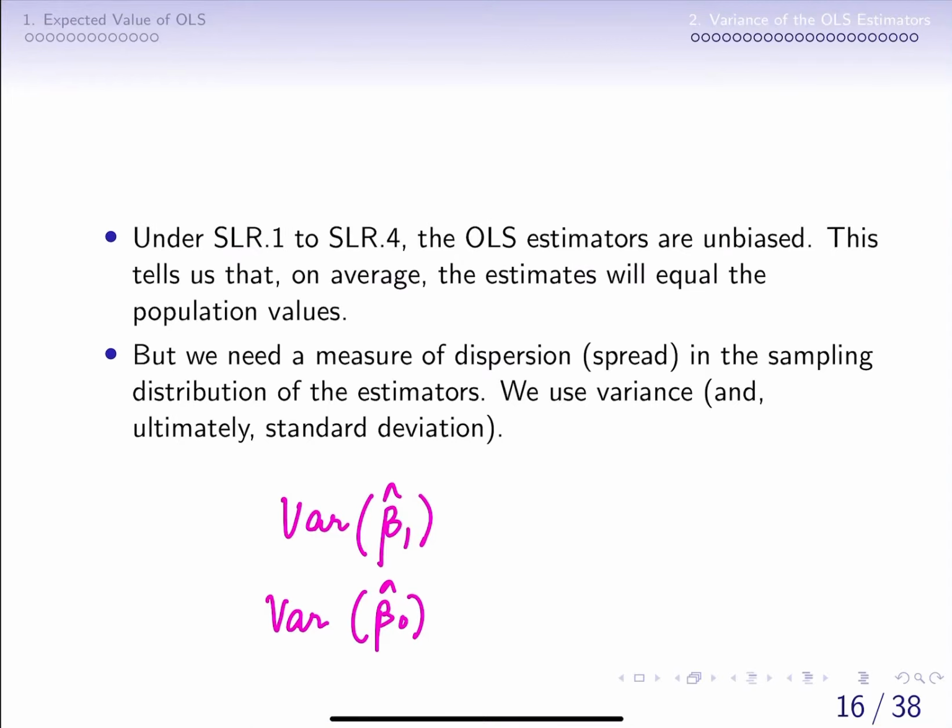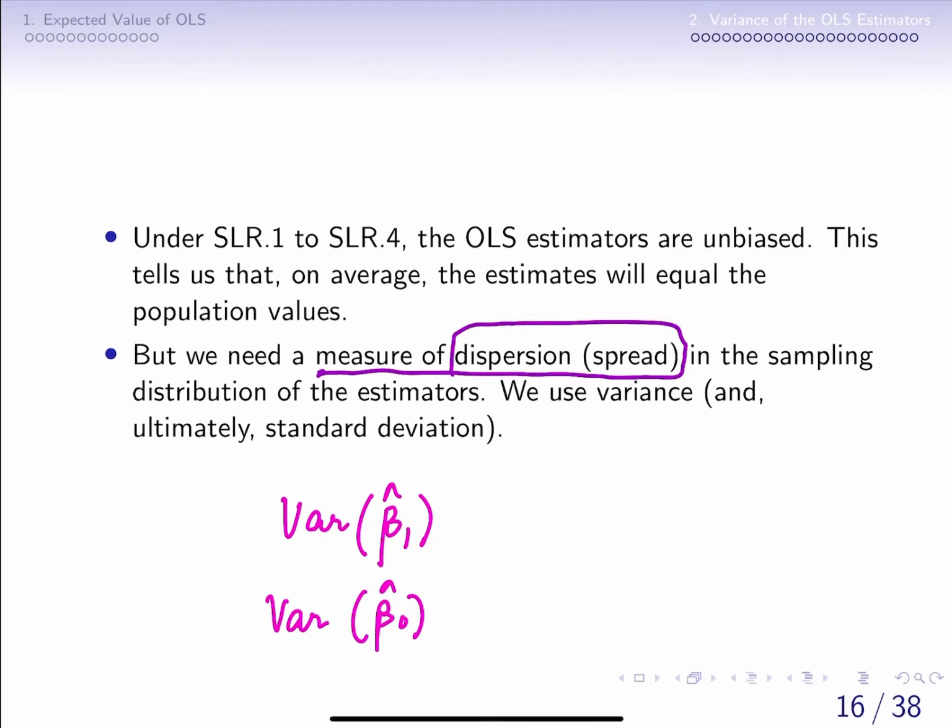In this video, we'll talk about the fifth assumption in a simple linear regression model, which is the assumption of homoscedasticity or constant variance. Variance is just a measure of dispersion or spread.